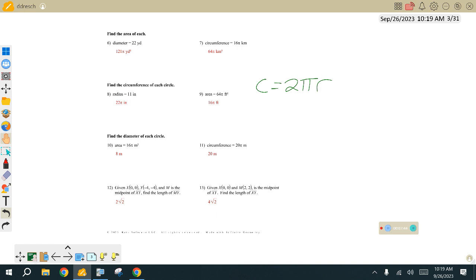If the area, which is pi r squared, area of a circle, okay, area of a circle is pi r squared, what is the radius then? What is the radius? Okay. Now you should be able to look at that and just say quickly, the radius is what?